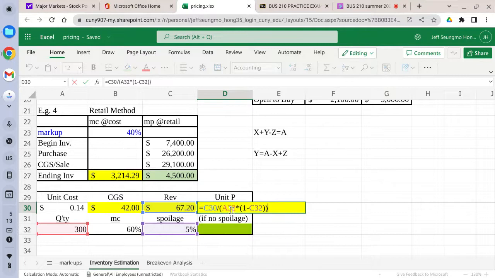That will make 95% of this. Some people might say, why don't you just multiply it by 0.95?